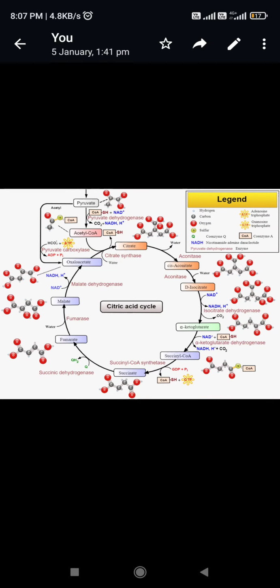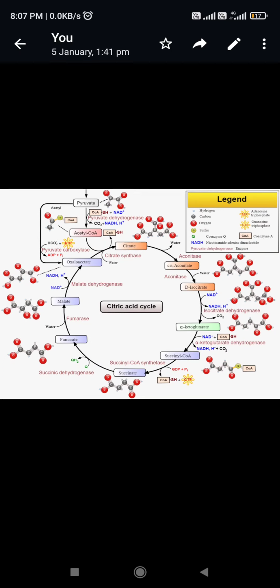The seventh step is hydration of fumarate. Here the 4-carbon compound fumarate is converted to malate in the presence of the enzyme fumarase. The eighth step is oxidation of malate, or dehydrogenation of malate.